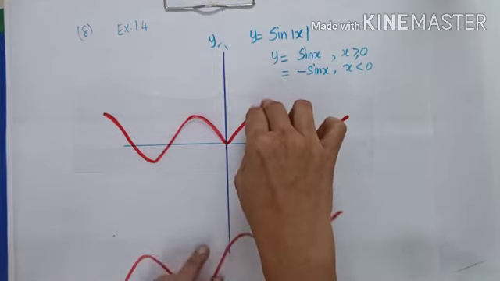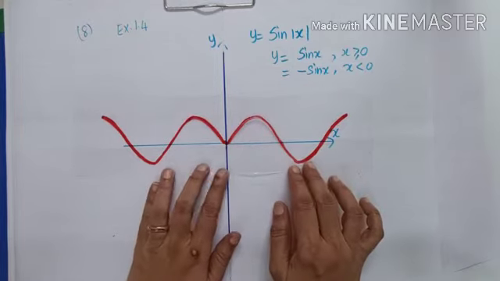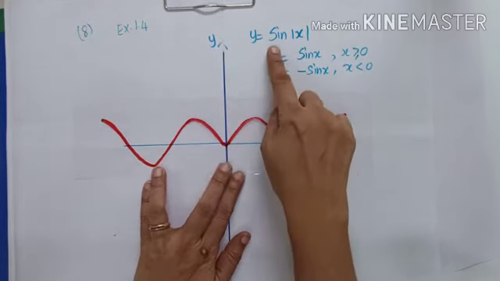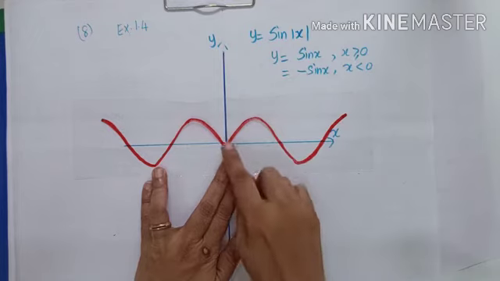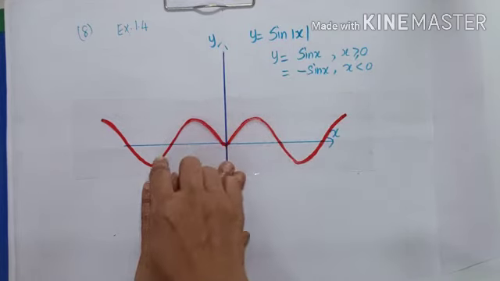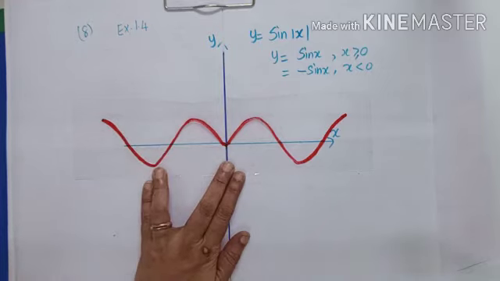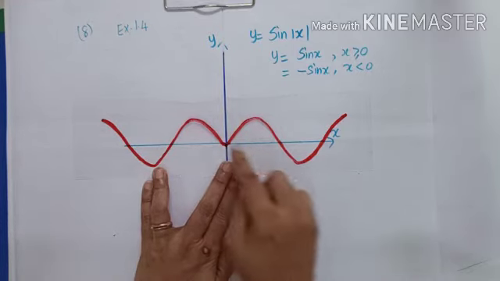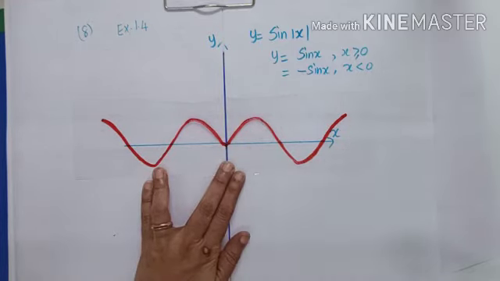So look at the diagram. This is the sine mod x diagram. Here how it is coming, the same way will come on the left side also. So this is the y equal to sine mod x curve. Now each of these questions we'll see once again in detail.